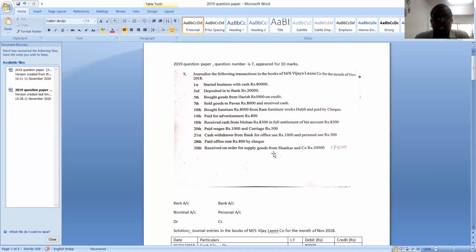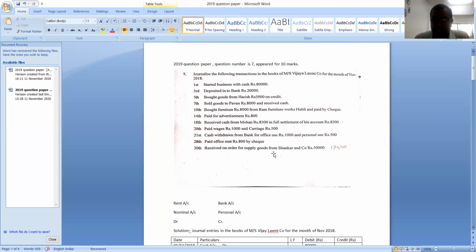Do you feel that it is a transaction? No, it is not a transaction because you are just receiving an order. There should be an exchange activity, then only it is called a transaction. So here you are just receiving an order. It cannot be called a transaction. So no need to pass a journal entry for this particular transaction.